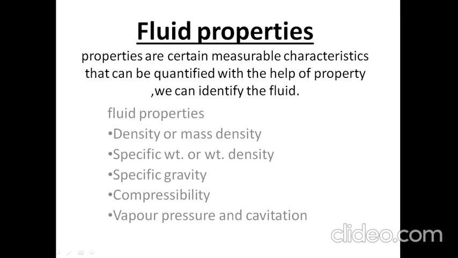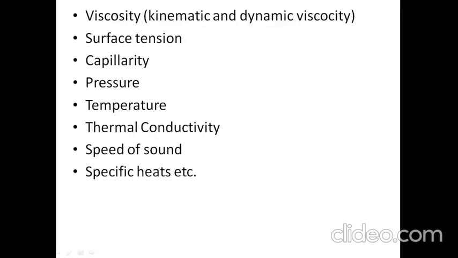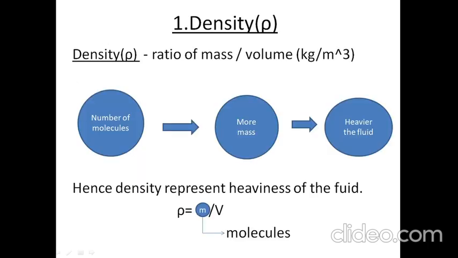The fluid properties are density or mass density, specific weight or weight density, specific gravity, compressibility, vapor pressure and cavitation, viscosity, surface tension, capillarity, pressure, temperature, thermal conductivity, speed of sound, specific heat, etc.